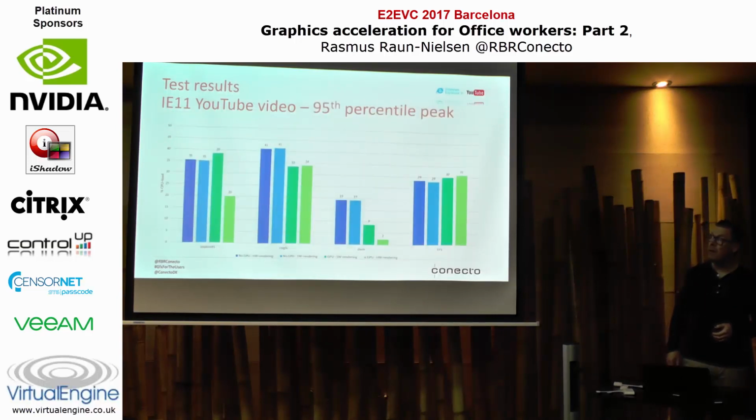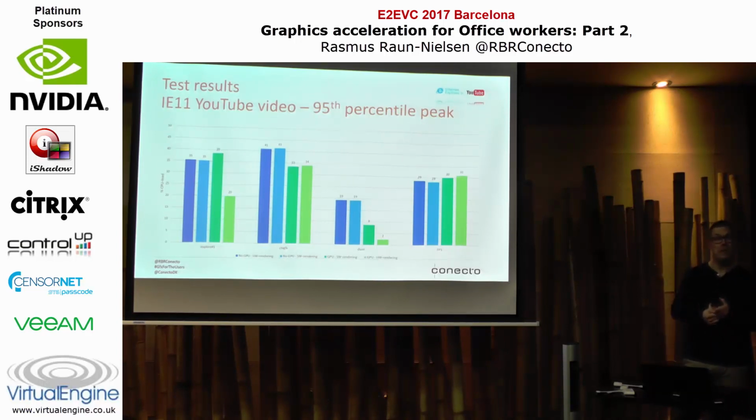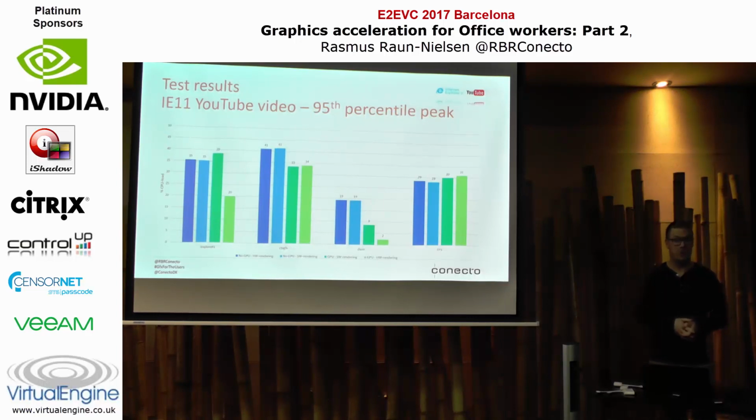So, getting some data here, we see that having a GPU on the Internet Explorer process offloads the CPU quite a lot, unless you do not configure it correctly. You see that actually when having the GPU but using software rendering, the Internet Explorer process is utilizing more CPU cycles than when not having a GPU available.